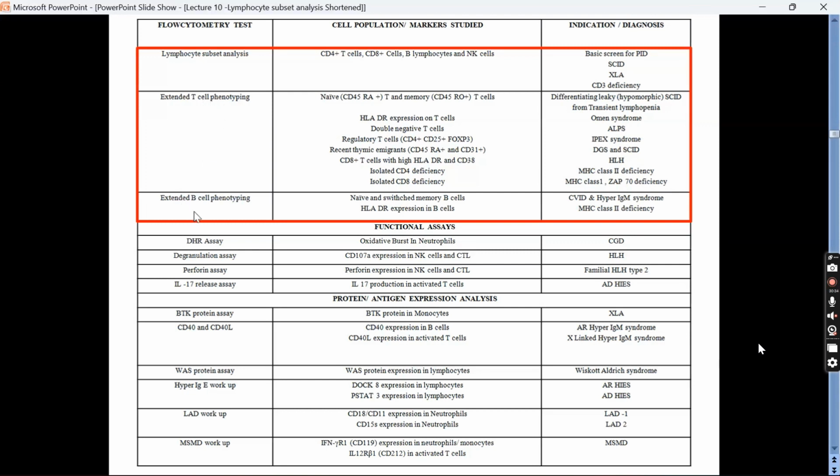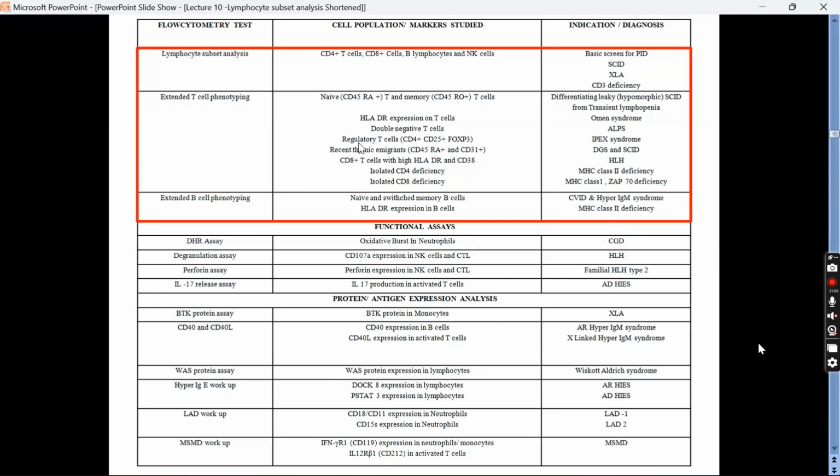Similarly, extended B cell phenotyping is, apart from getting the B cells and studying the numbers, I check whether the B cells are showing class switching, which I just explained. If there is no class switching, then there is a problem. It could be CVID or hyper IgM syndrome. Similarly, you can also check HLA-DR expression, which will be absent in MHC class 2 deficiency.